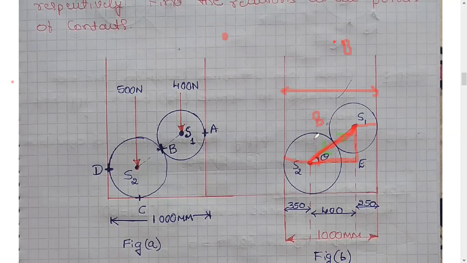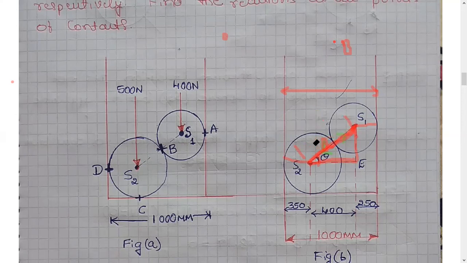This is the radius of the second sphere, S2, which is equal to 350, plus the radius of sphere 1, which is equal to 250. So totally it is equal to 600. What is the 600? The distance measured between S2 and S1 is 600.